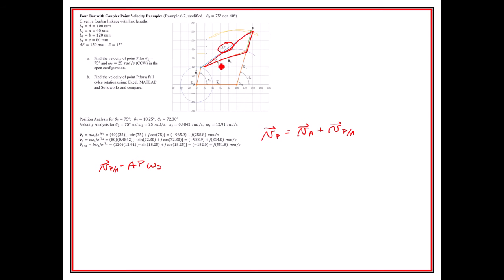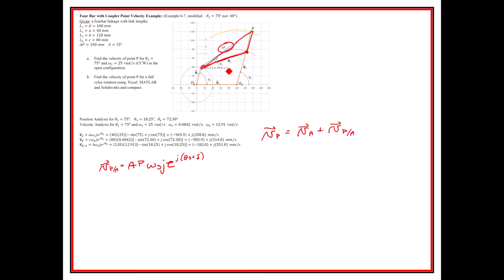The coupler link that we think of as moving at omega 3, the entire thing, is just a rigid body moving at omega 3. And oh yeah, I should multiply by j and then by e raised to the j. And now the angle of this piece is going to be theta 3 plus delta.